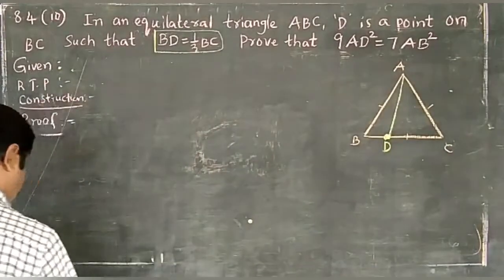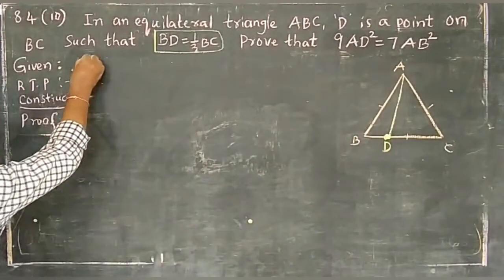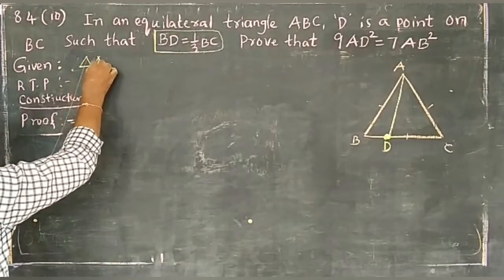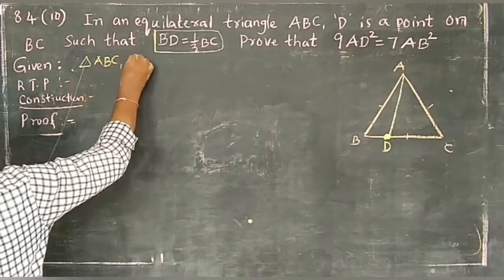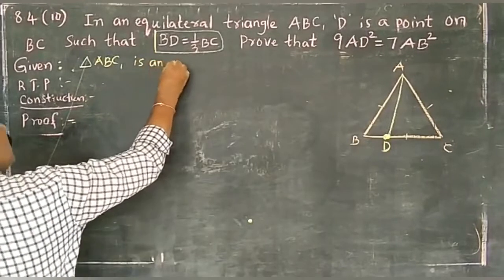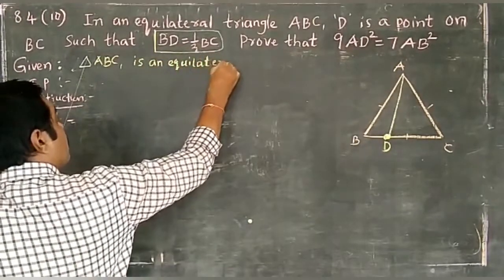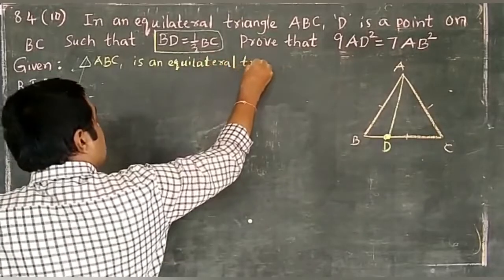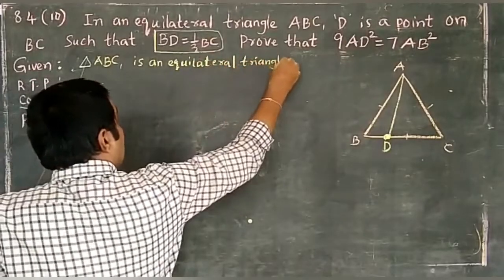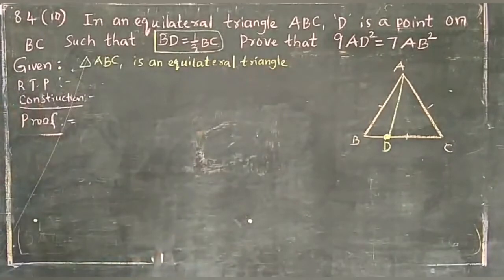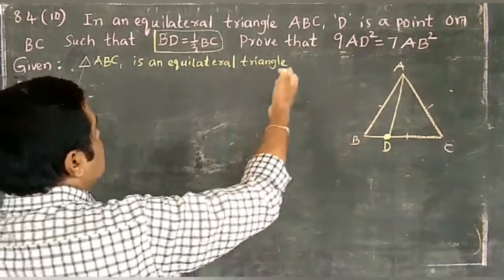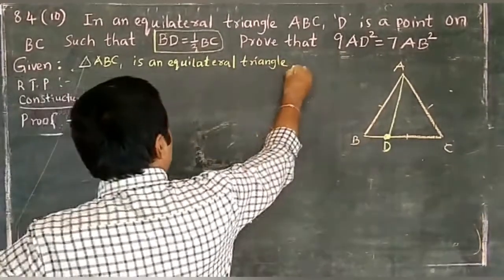Now come to the proof. Triangle ABC is an equilateral triangle. This information is given. And what else is given?